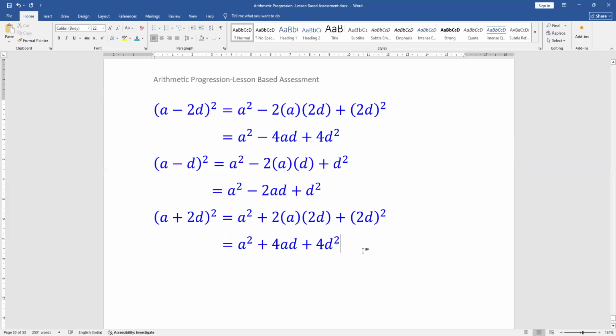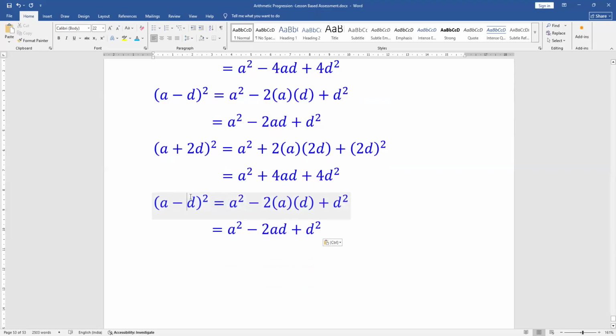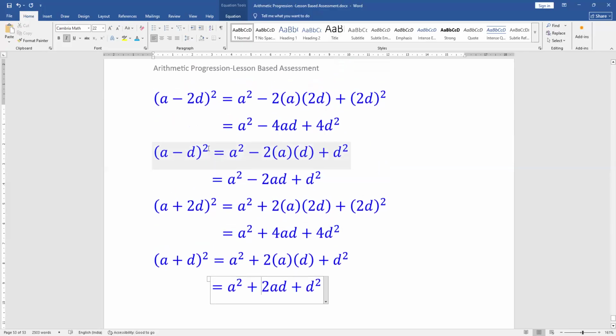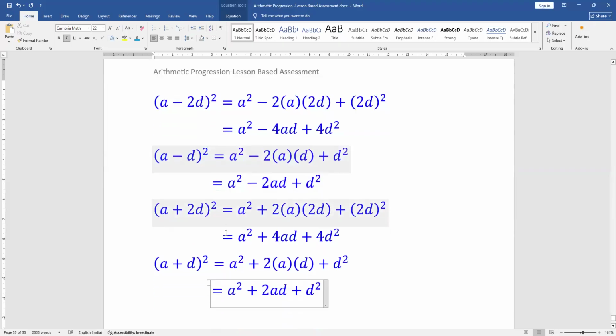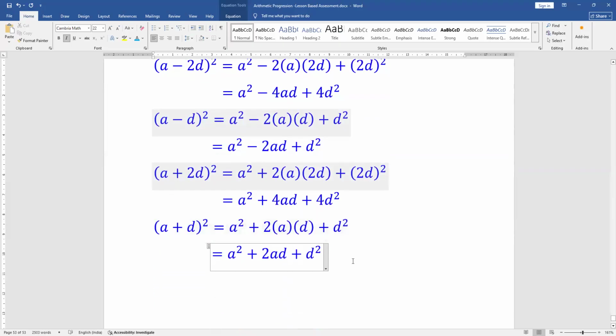In the same way, the other one, (a minus 2d) whole square, I change the minus to plus as well. Okay, guys. So (a minus 2d) whole square, (a minus d) whole square, (a plus 2d) whole square, and then (a plus d) whole square. So now we got all these things.